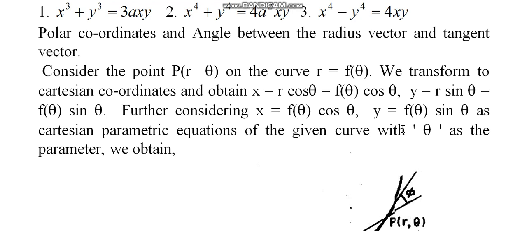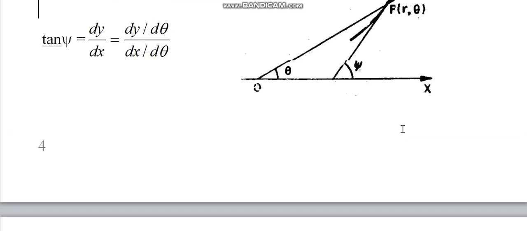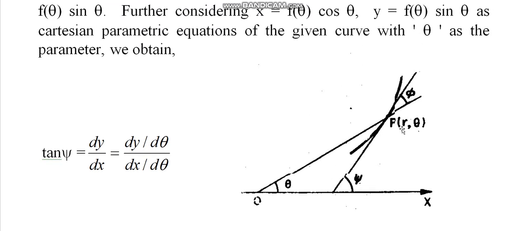Further, considering x is equal to f of theta cos theta and y is equal to f of theta sin theta as the Cartesian parametric equations of the given curve with theta as the parameter, we note that the tangential angle tan psi, of course for any curve y is equal to f of x, tan psi will denote the slope of the tangent.